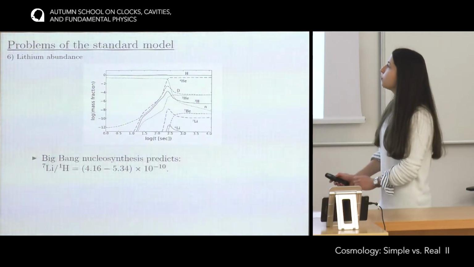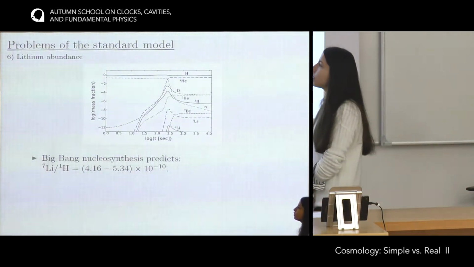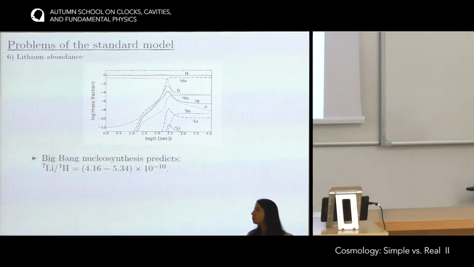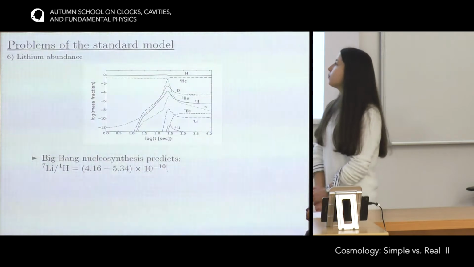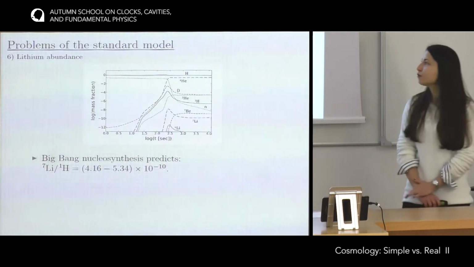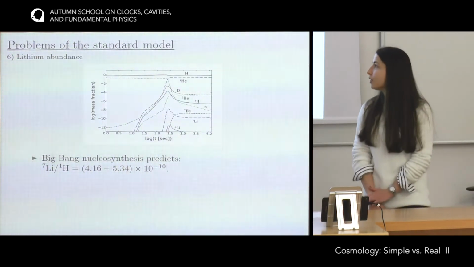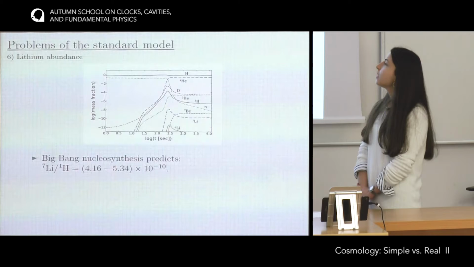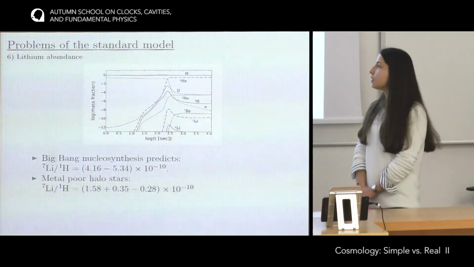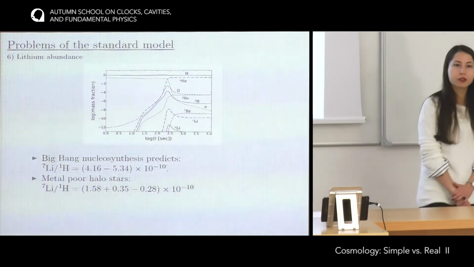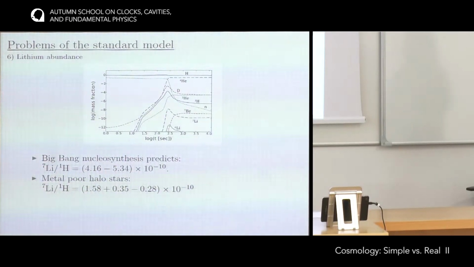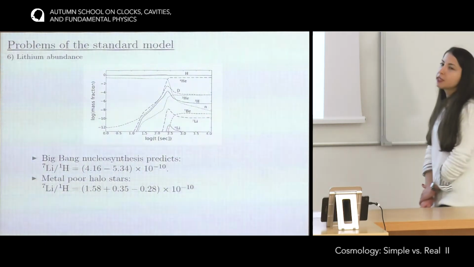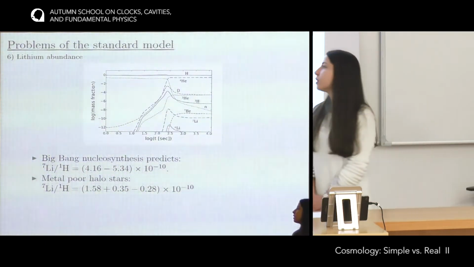According to the Big Bang nucleosynthesis, the ratio between lithium-7 to hydrogen should be something around 4.16 to 5.34 times 10 to the minus 10. And when you look at the data for metal-poor halo stars, what you observe is 3 times less than what you predict.